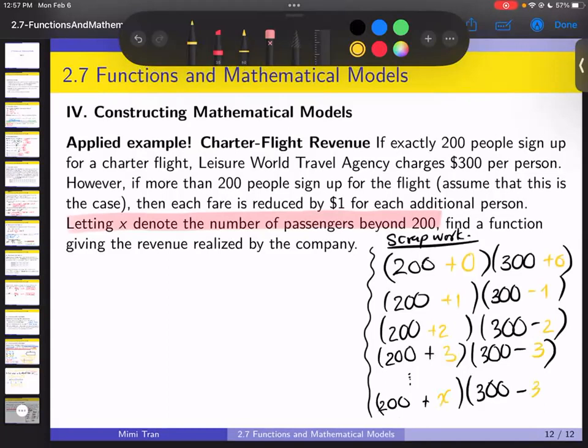We find patterns. And that is your function. We're done. So f of x, the function that represents the problem, is 200 plus x times 300 minus x. Oh, I'm sorry, minus x, not minus 3 over here.